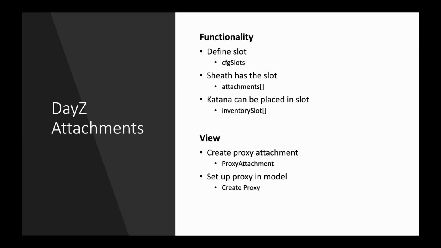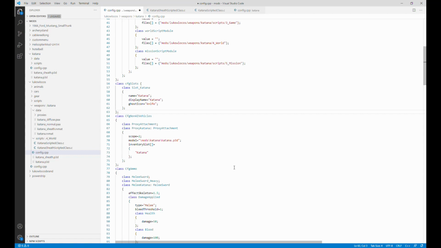And now that we have the functionality defined, we have to set up how the attachment will be viewed in game. To do that, it's pretty simple. We're going to create and define a proxy attachment in our config.cpp file, and then we're going to set up the 3D model with the proxy. To show in the game the two items attached to each other, we're going to create a proxy attachment. We're going to define this in the config.cpp file.